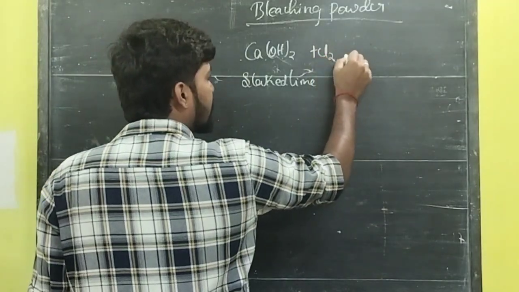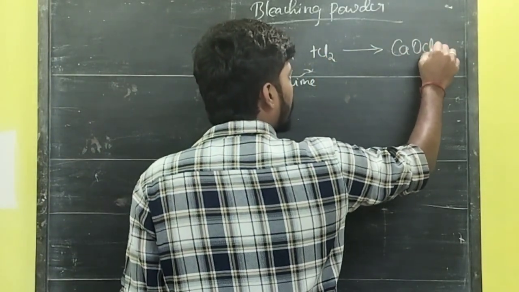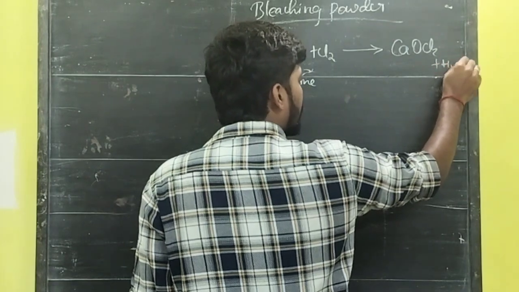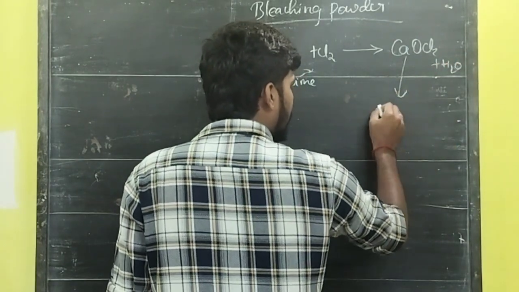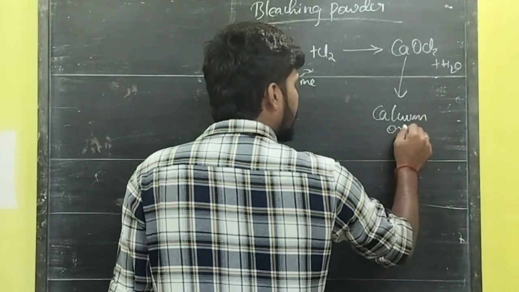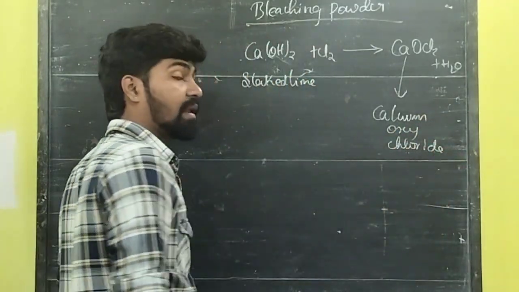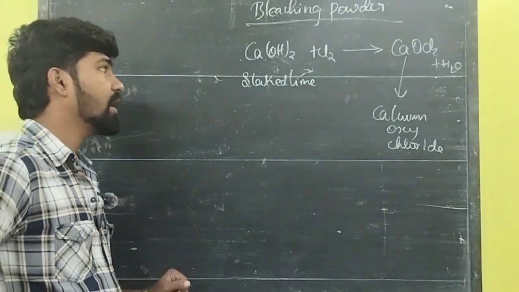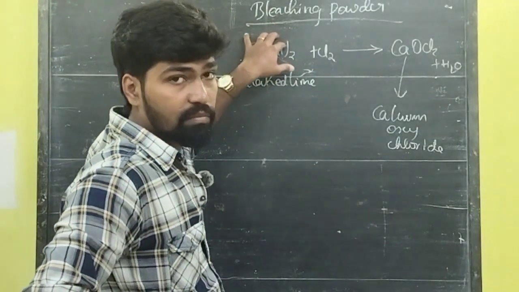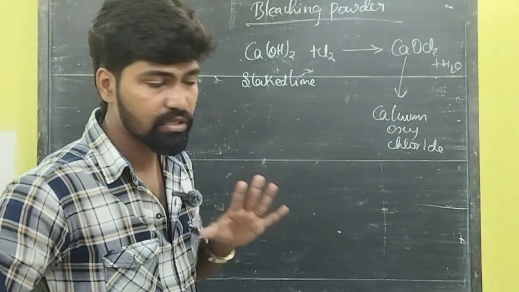The slaked lime on treatment with chlorine gas will give you calcium oxychloride plus water. Calcium oxychloride is very important for you to remember because it can be asked in exams. So another name for bleaching powder is calcium oxychloride.